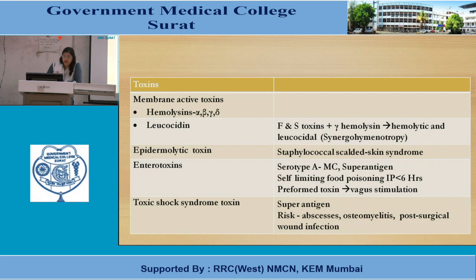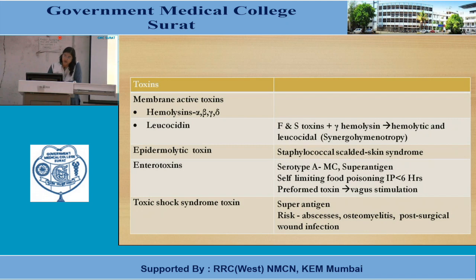Then enterotoxins are also produced by staphylococci. The most common serotype which produces this enterotoxin is serotype A, and it is a superantigen also. Superantigens are those which stimulate a large number of different clones of antibody producing cells, and a large amount of cytokines are produced.